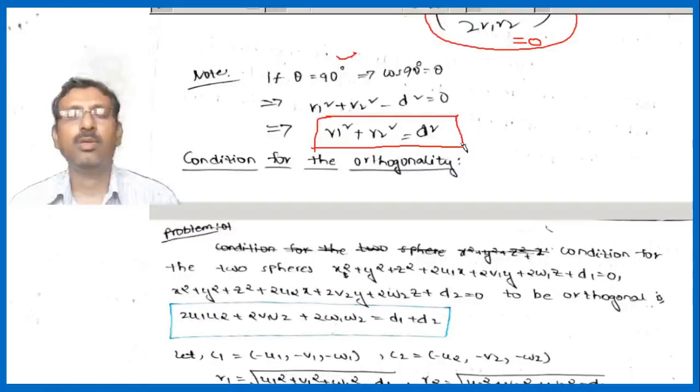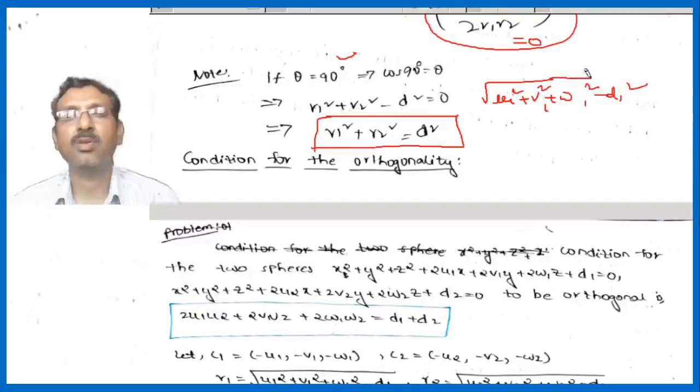If we take R1, R2 and d square, the actual values, R1 is the radius of the first sphere, that is u1 square plus v1 square plus w1 square minus d1.